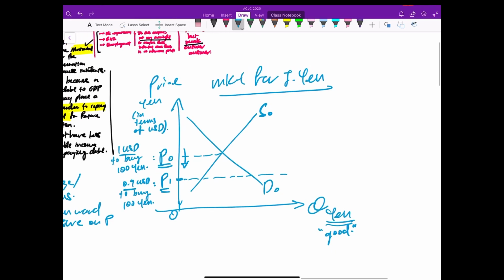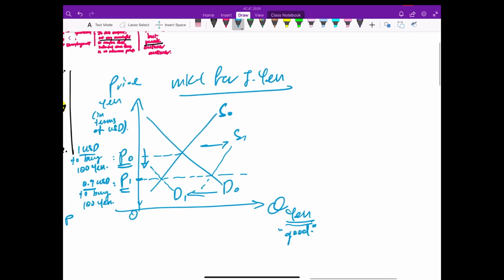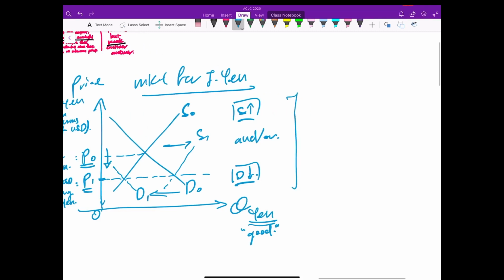So when you expect to see your price falling, what are the possible reasons for this? You already know, just from the theory, we haven't even talked about the extract, that there are two possible ways. One is your demand falls, another is your supply increases. So it's either your supply shifts right or your demand shifts left, and or. Okay, these are your factors.